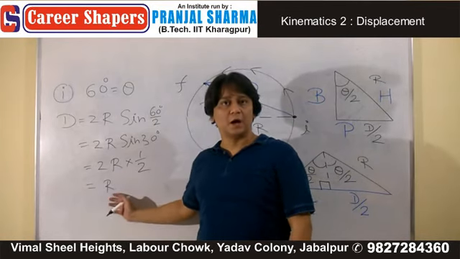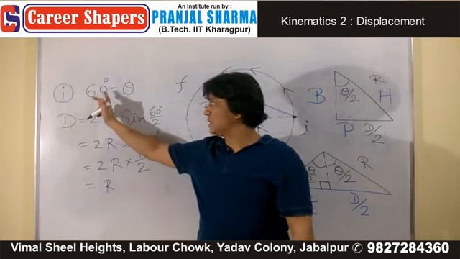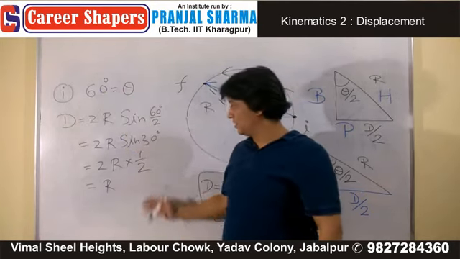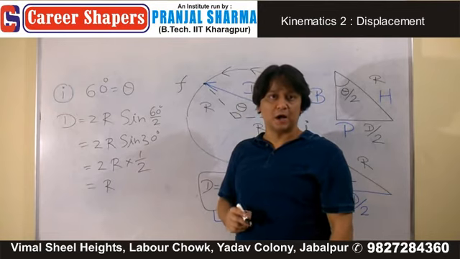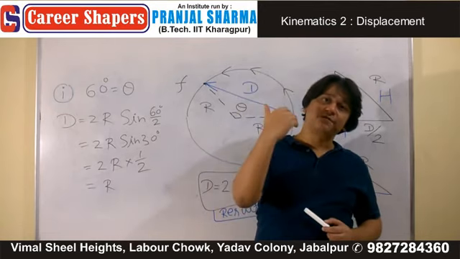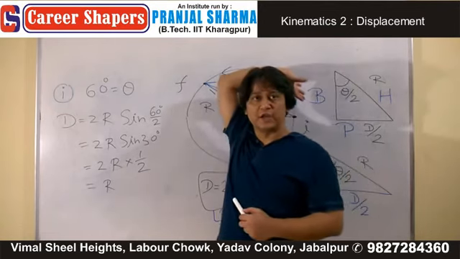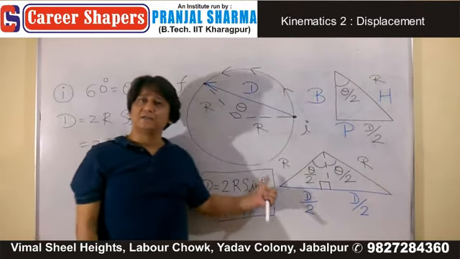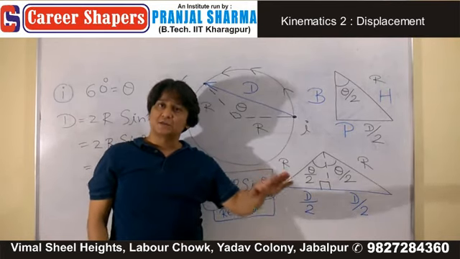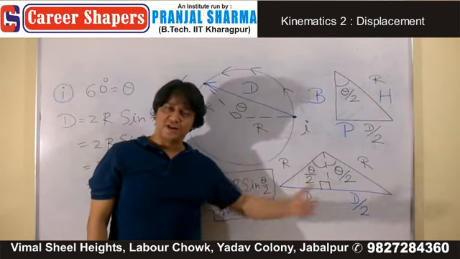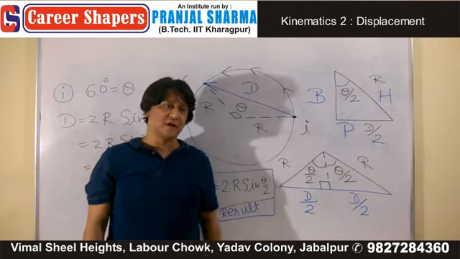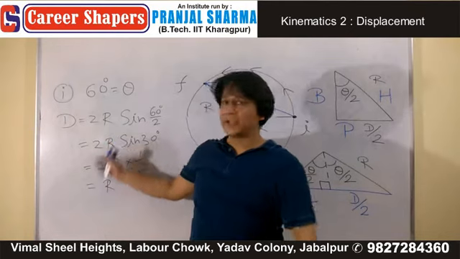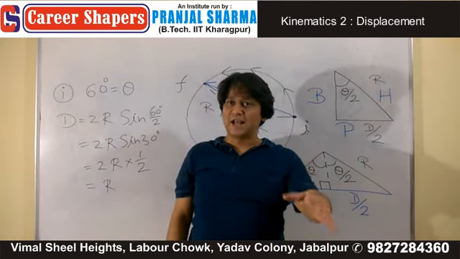The answer is R. When we were 60, we got an equilateral triangle, and if you remember, the answer was R. You're saving a lot of time. You don't have to draw these things by remembering the result 2r sine theta by 2. If they ask this question in school in objective form or in any competitive examinations, these results will help you. You can answer the whole thing in just 10 seconds.